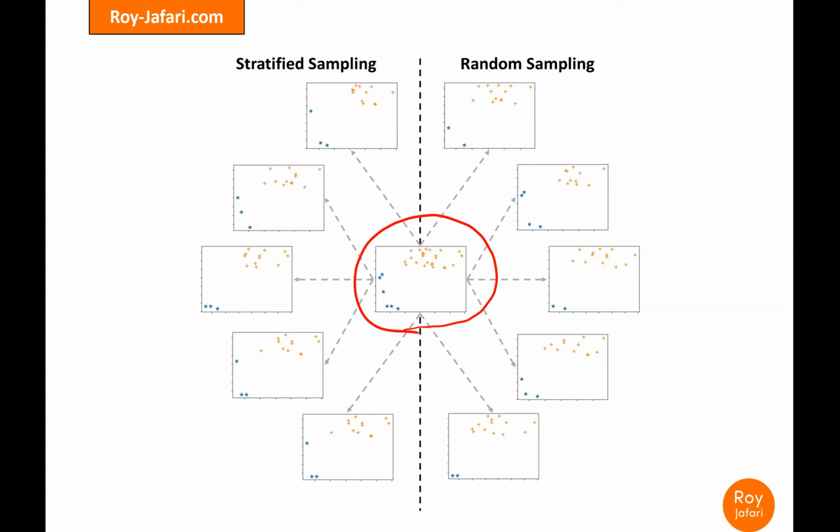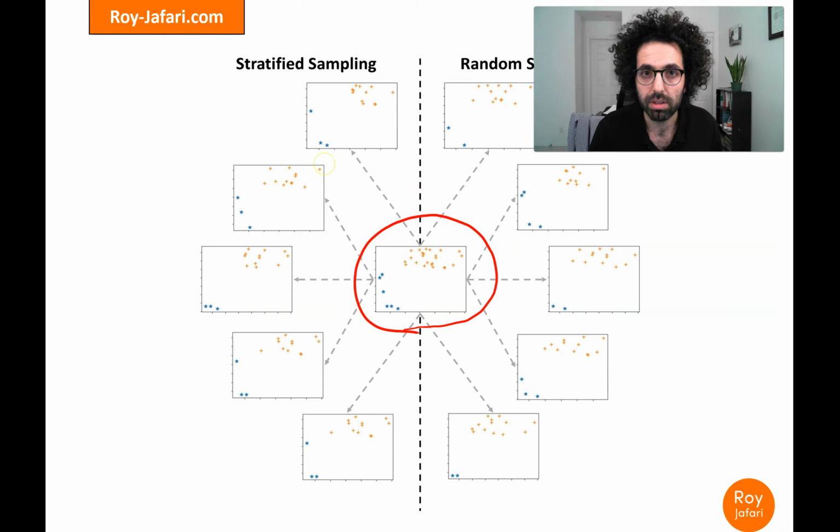In the original data set, we have 6 stars and we have 24 plus signs, right? So when we do random sampling, we don't care about how many star signs and how many plus signs we have in this data, and we just do this randomly, and as a result sometimes we get 2 stars, sometimes we get 4 stars, sometimes we get 3 stars.